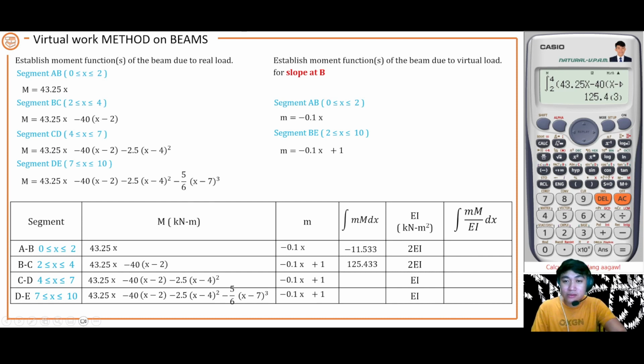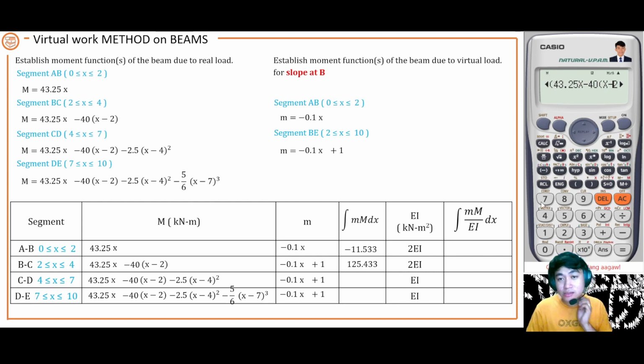Our next segment, we have 43.25x, minus 40(x minus 2), and then we have another negative 2.5, so negative 2.5(x minus 4) squared.